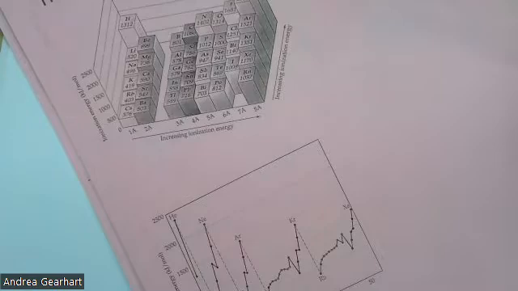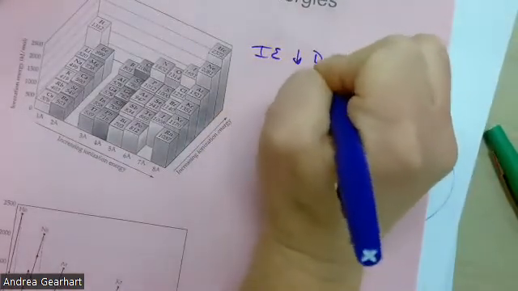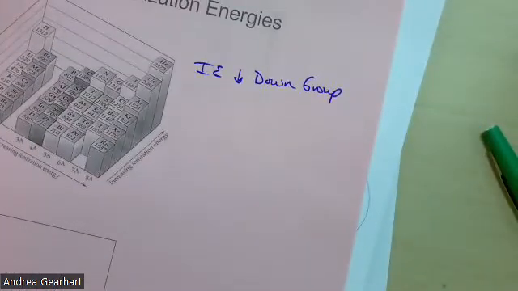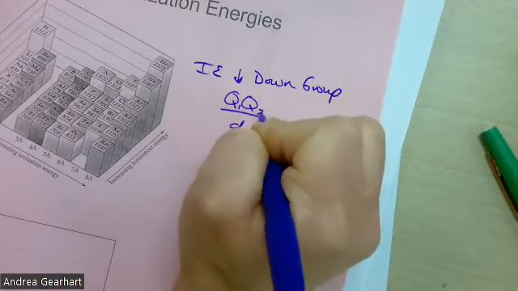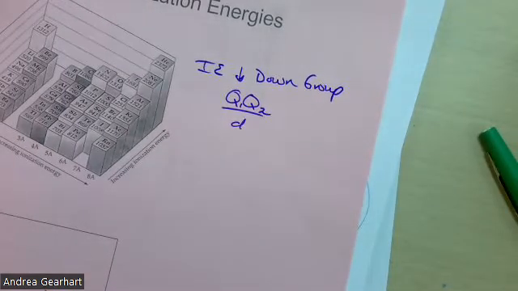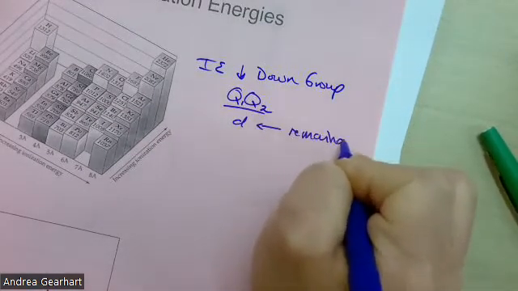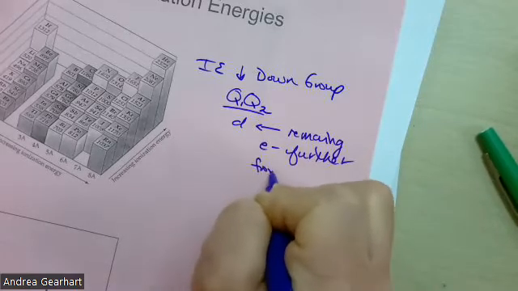What happens to ionization energies as we go down? It decreases. So ionization energies decrease down a group. Why? We are removing electrons further from the nucleus.